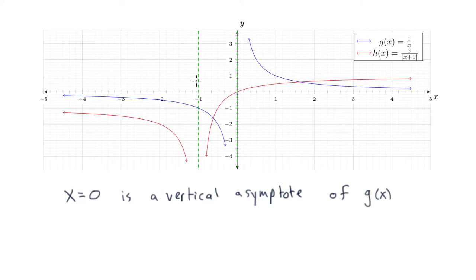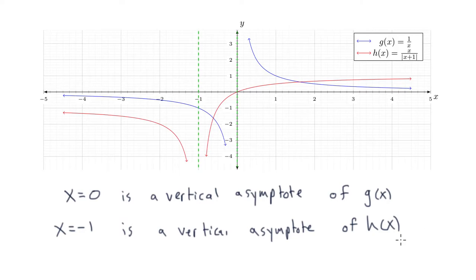And we see that x equals -1 is a vertical asymptote of h of x.